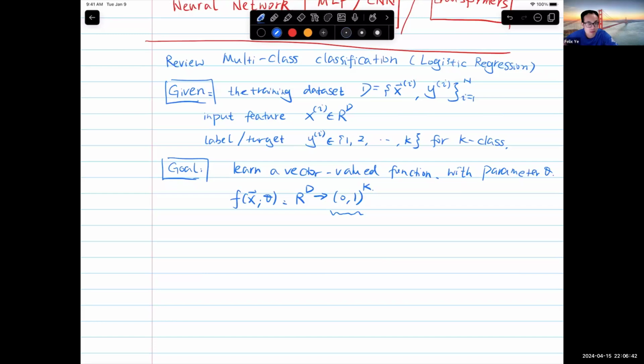So you can interpret this as a vector, right?